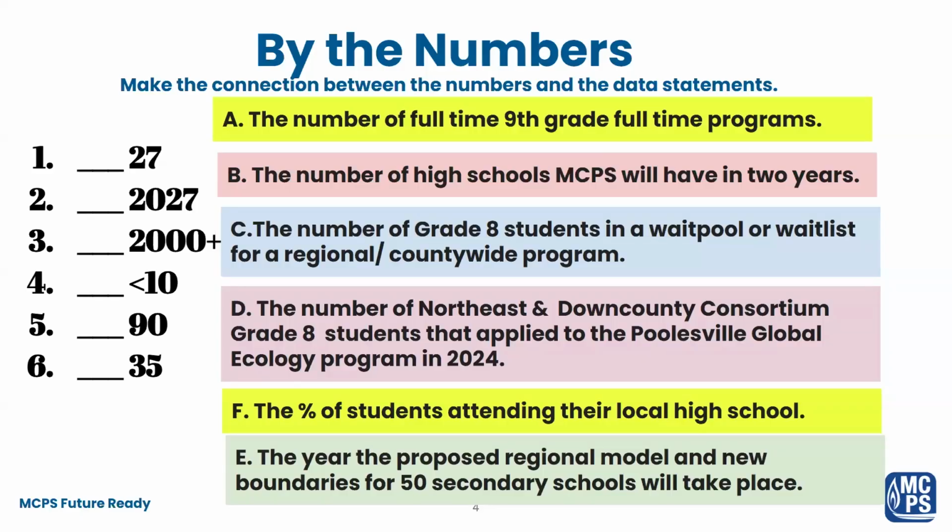D, the number of Northeast and Down County Consortium grade 8 students that apply to the Poolesville Global Ecology Program in 2024. F, the percent of students attending their local high school. And E, the year the proposed regional model and new boundaries for 50 secondary schools will take place. Do your best guess, and then we'll check your answers, and you might hear some of the answers as we go.